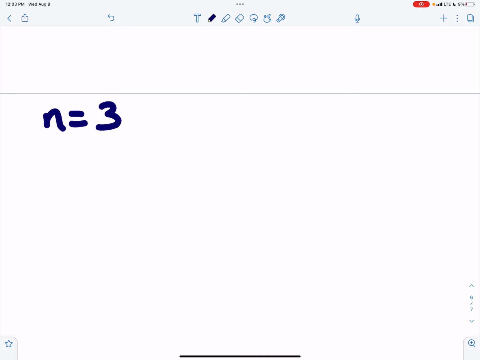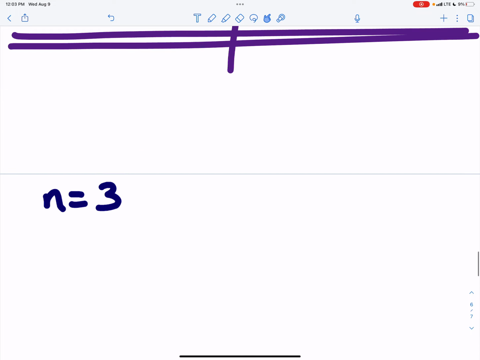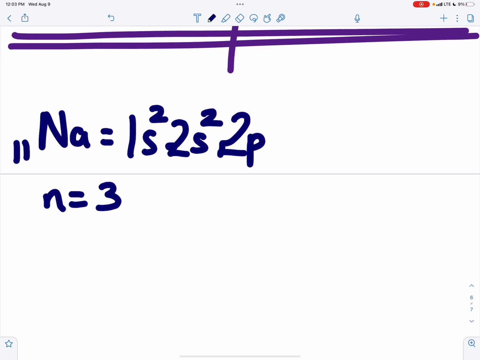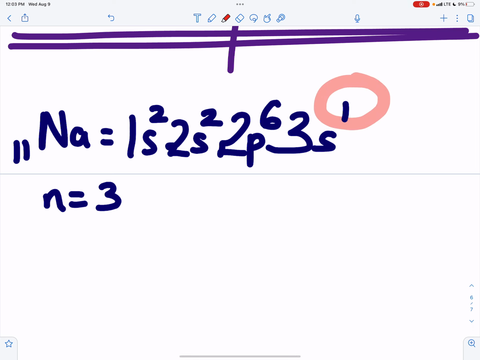Let me write sodium again so we can have it close by. Na 11: 1s2, 2s2, 2p6, and 3s1. This last electron is in the 3rd shell.